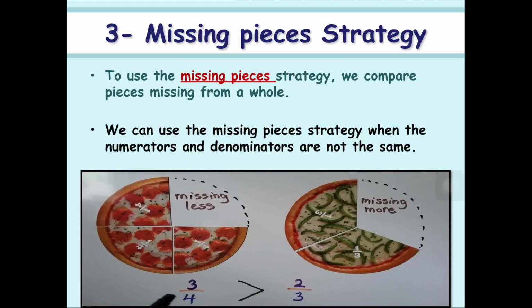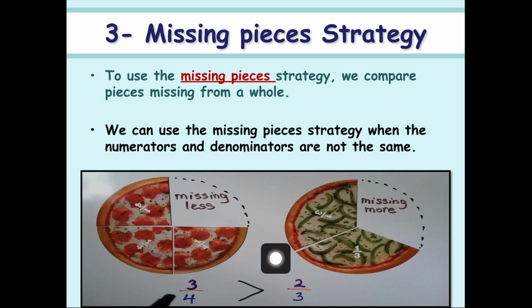Next, we have the missing pieces strategy. To use the missing pieces strategy, we compare pieces missing from a whole. We can use the missing pieces strategy when the numerators and denominators are not the same. So over here I have 3/4 of a pizza, and over here I have 2/3 of a pizza.